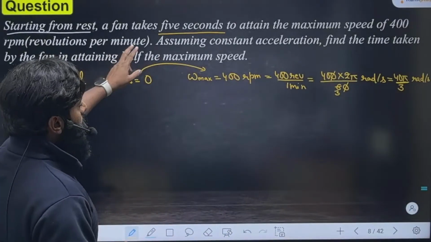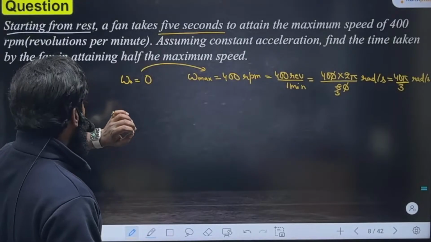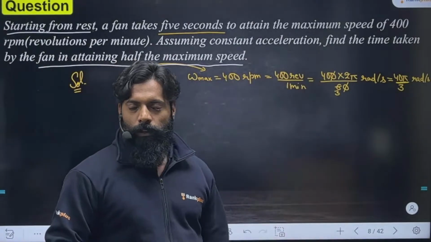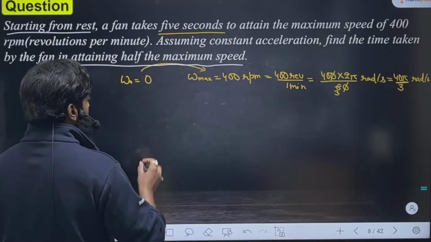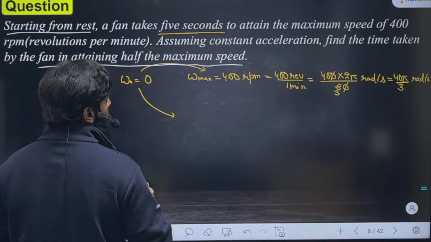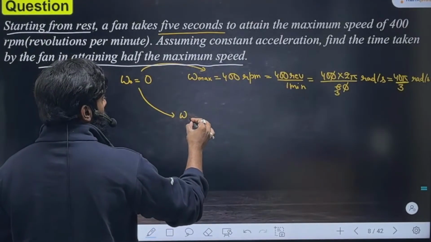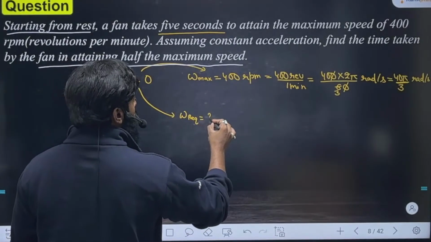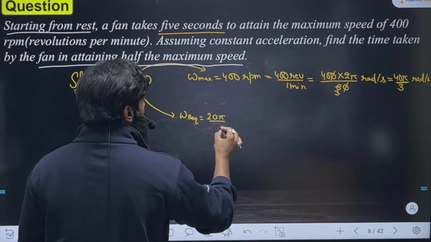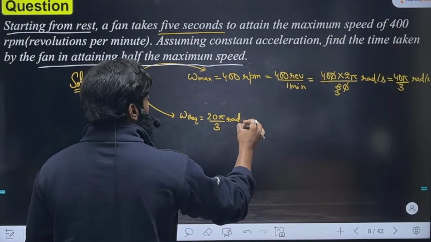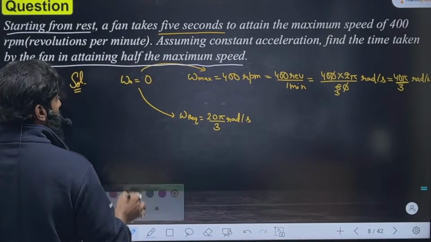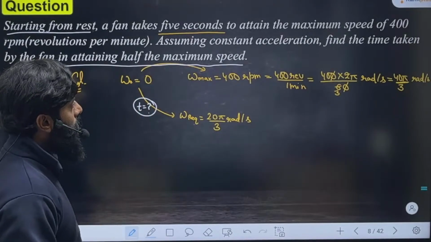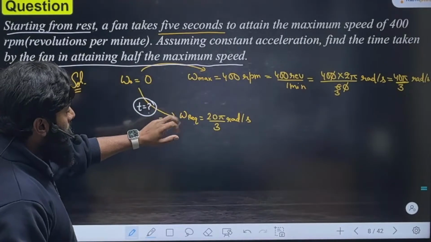Now, assuming constant acceleration, find the time taken by the fan in attaining half the maximum speed. Half the maximum speed, so omega required is equal to 20 pi by 3 radian per second. So basically you have to find out the time it takes to go from 0 to here.